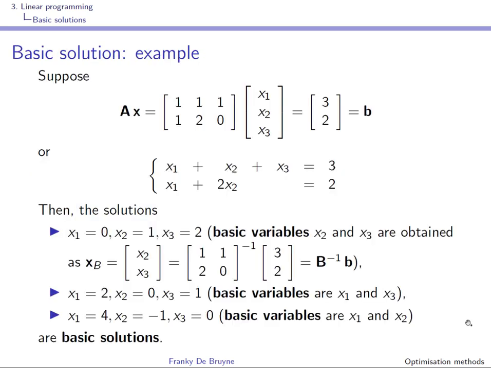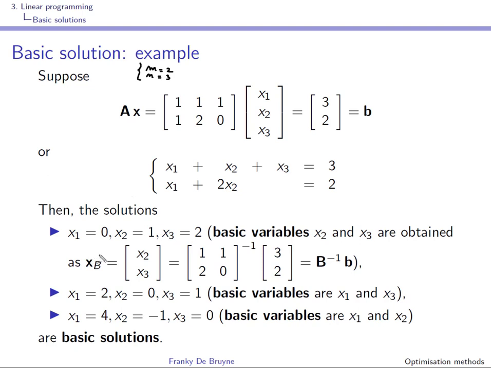Let us take an example to illustrate this concept of basic solutions, degenerate basic solutions, and so on. So here we have a system of equations. For the moment we do not take into account the non-negativity assumption on the components of x. Here we have m equal to 2 and n equal to 3, right?